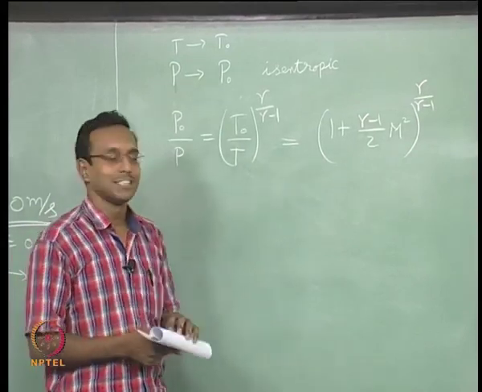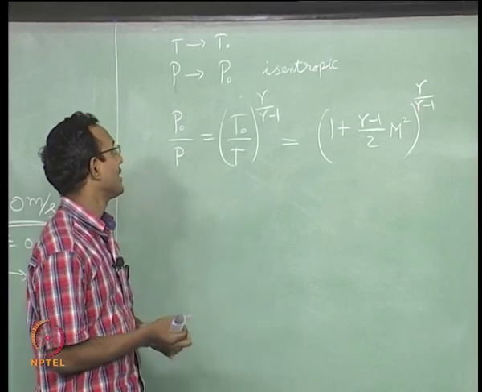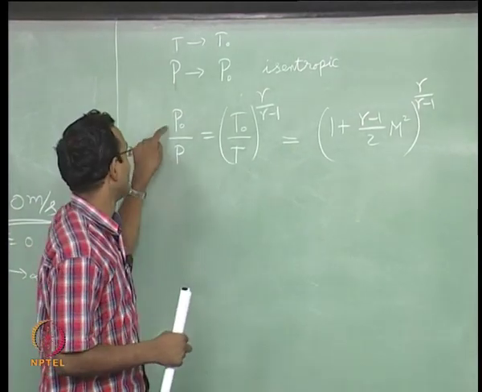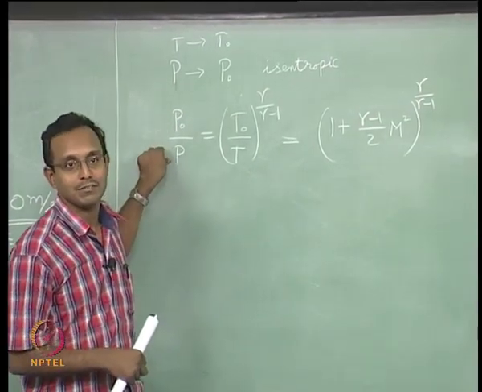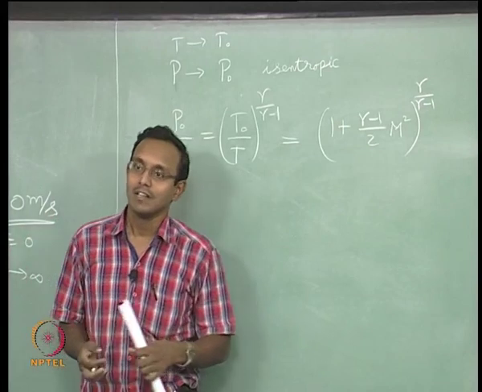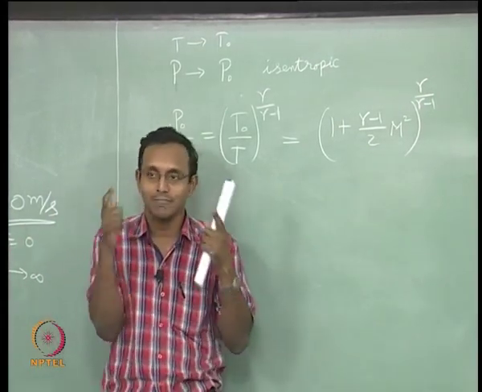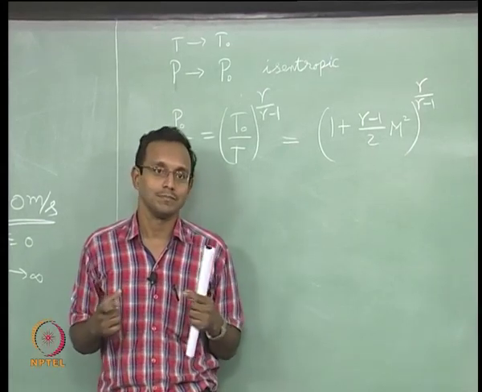Now I have to go to the next point. People will start talking about these parameters, stagnation conditions and static conditions. This is your stagnation pressure, this is your static pressure. Static pressure is the pressure if you are moving along with the fluid element, if you measure a pressure inside that fluid element, you will see that pressure.